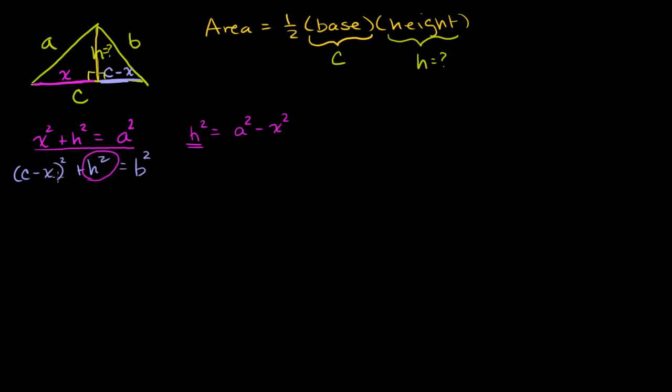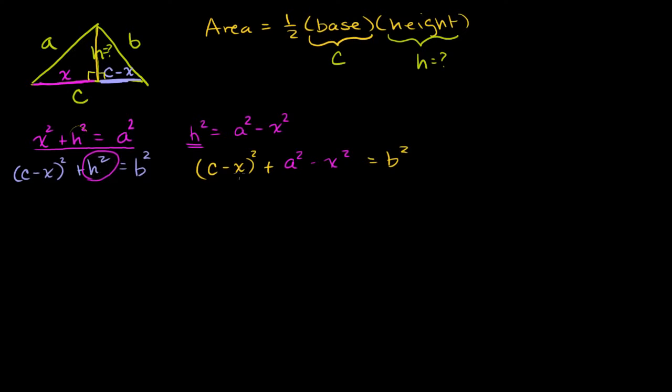So this bottom equation becomes (c minus x) squared plus h squared, and h squared we know from the left-hand side equation, is going to be a squared minus x squared, is equal to b squared. I just substituted the value of that in here.